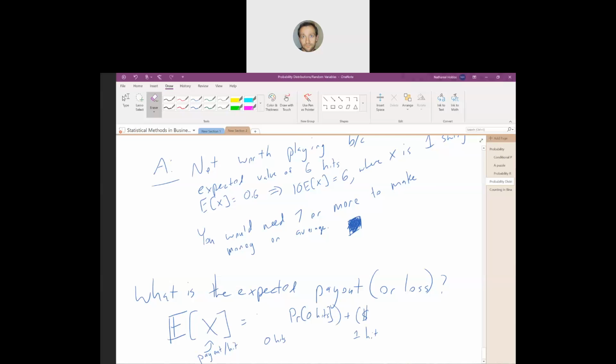Yeah, so you're right. This is actually minus 50, because you lose money. And then this would be minus 50 times the probability of 1 hit, all the way until you're making money, the probability of 10 hits.